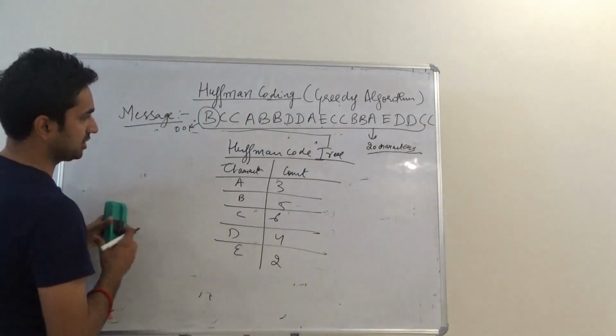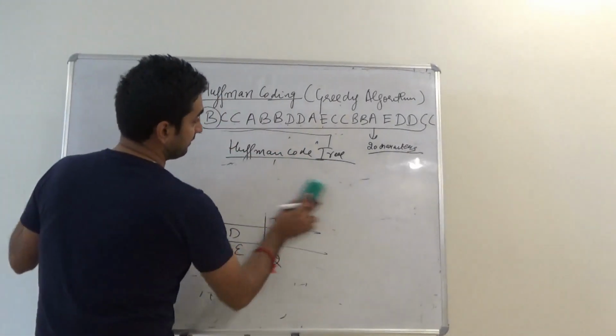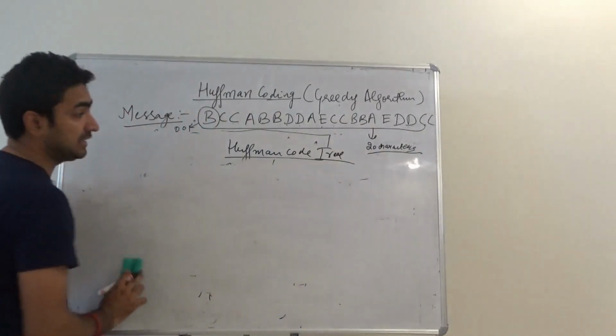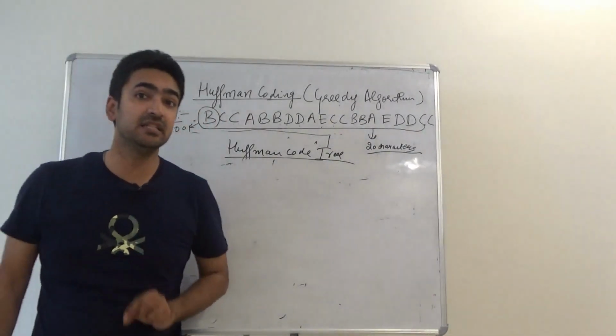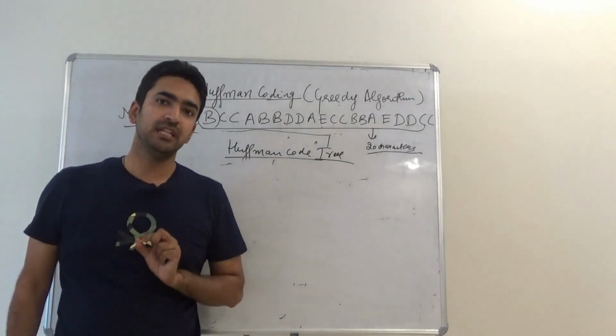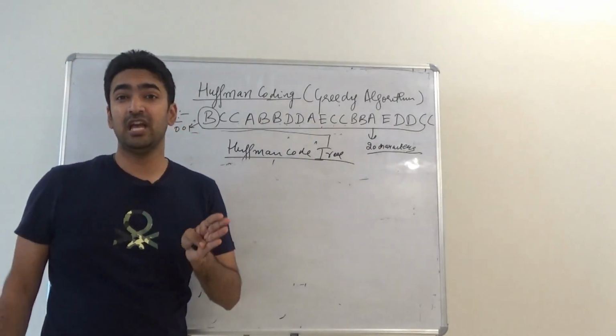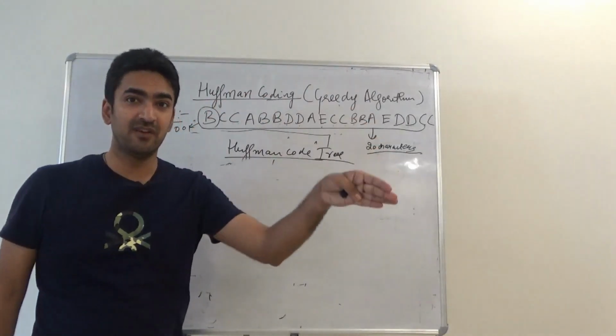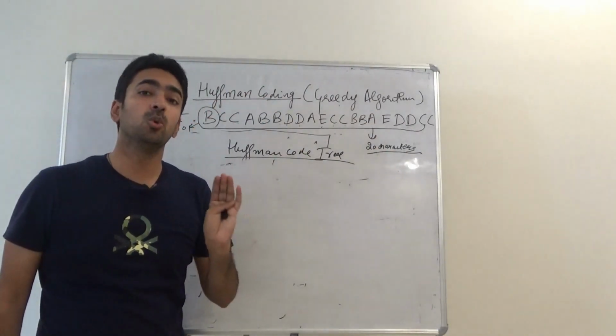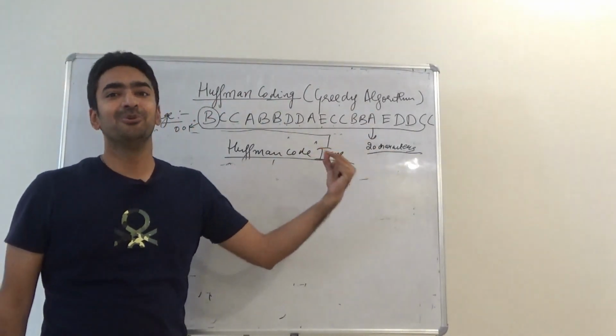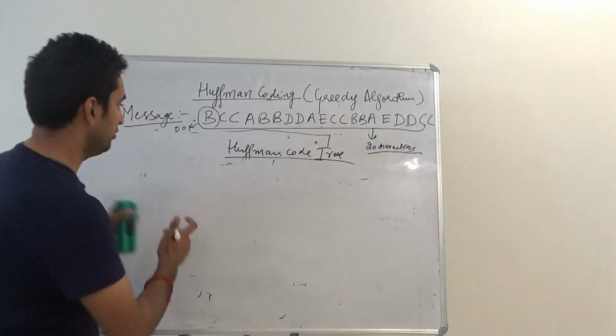Since this problem is known as a minimization problem, you know what a minimization problem is? A minimization problem is a problem in which we have to reduce some value, right? Or you target a lower value. We are targeting a lower size. So it's a minimization problem.